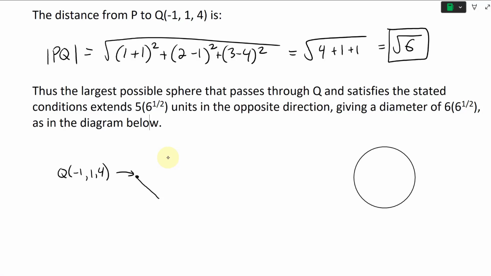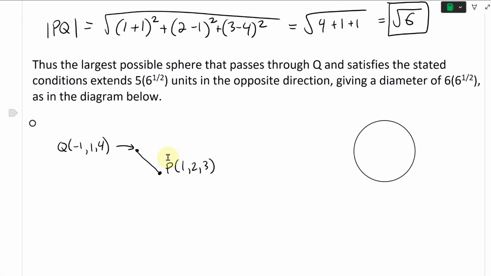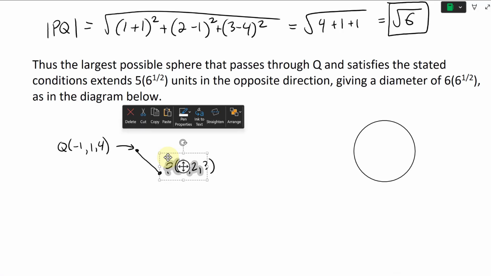I'll put a line like this. This is P, and it says (1, 2, 3). Basically it's like this. Let's shift it to the right by 2 units, and the next one is a bit down, and then I'll just put a random point like that. Anyways, that is our point P.